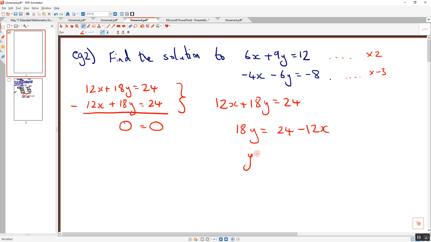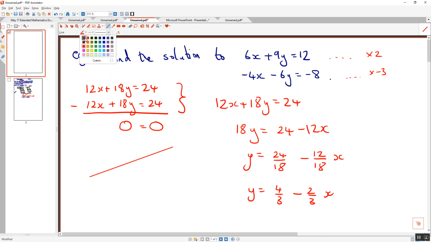Divide both sides by 18. 24 over 18 minus 12 over 18, so 4 over 3 minus 2/3 x. Both of these equations are exactly the same thing. They've both got the same gradient and the same y-intercept, so they lie on top of each other. Now, what did we say yesterday? If this is the case.